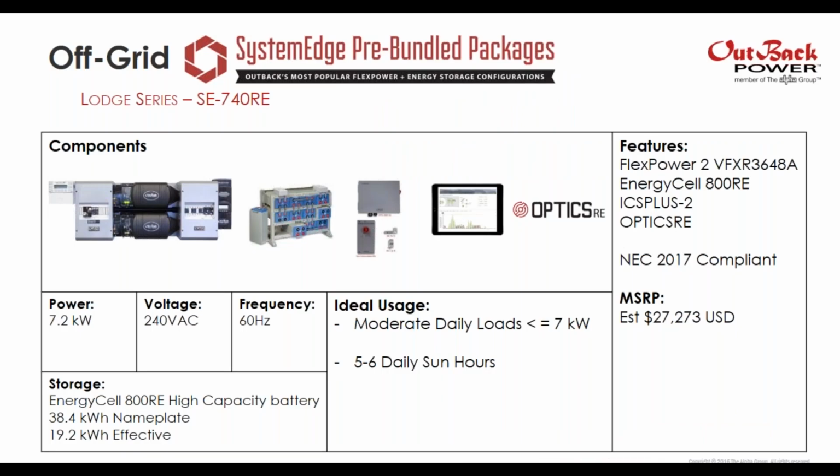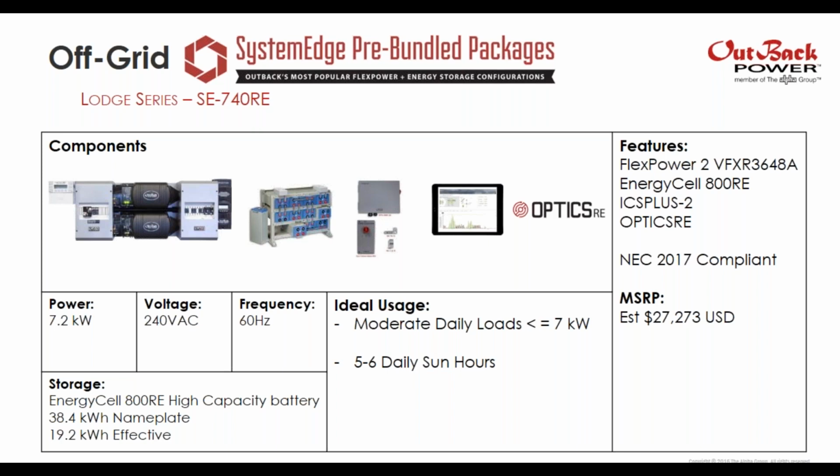So we'll look at one of those. We've got the SE750NC, excuse me, 740RE. This one has over 7 kilowatts of power. It's got about 20 kilowatt hours of usable battery capacity, so nearly 40 nameplate, and that gives you twice the available energy as the cabin and cottage series.